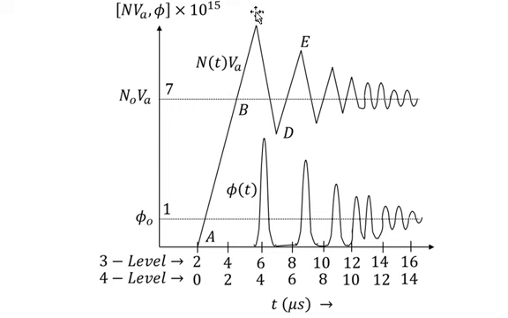Then from C downward the stimulated emission process is dominant, because the population inversion is falling till the critical value, and when it reaches the critical value, the number of photons you will notice over here will start decreasing.